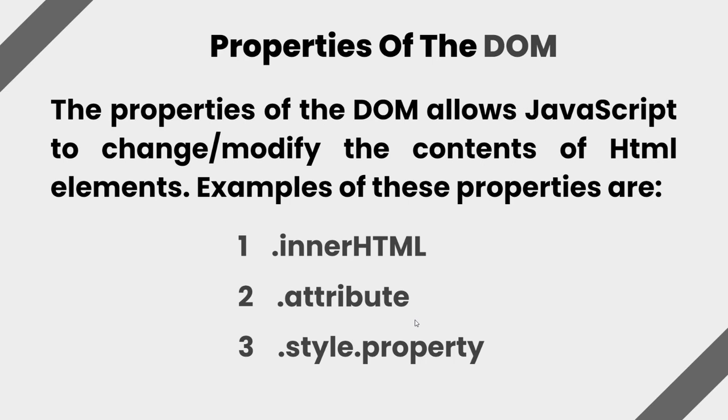Some examples of these properties are: one, the .innerHTML property, which we already know about. Two, the .attribute property, and third, the .style property, which is also a property of the DOM.